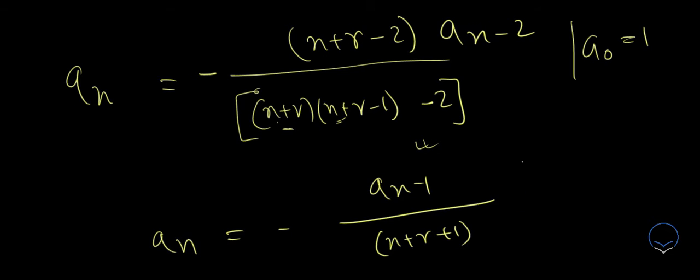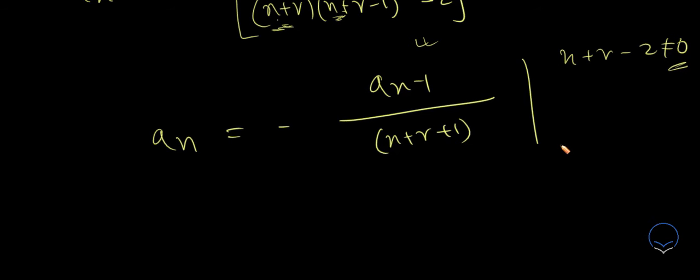And obviously when you do the simplification, that is you multiply these two things, you factor n plus r minus 2 out, what you need to assume is that this n plus r minus 2 is not 0, because that's why you could factor it out in the denominator. So n plus r minus 2 is not equal to 0. This is another assumption. So again, this is our recursion relationship.